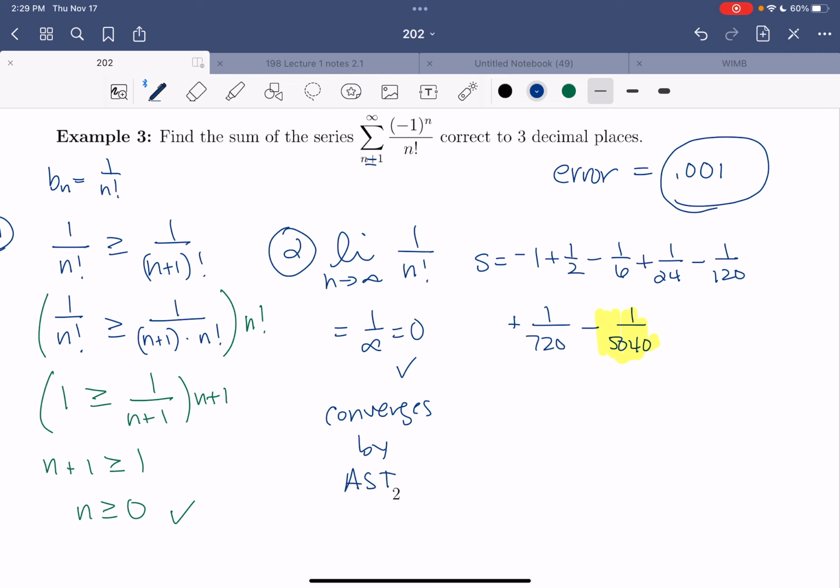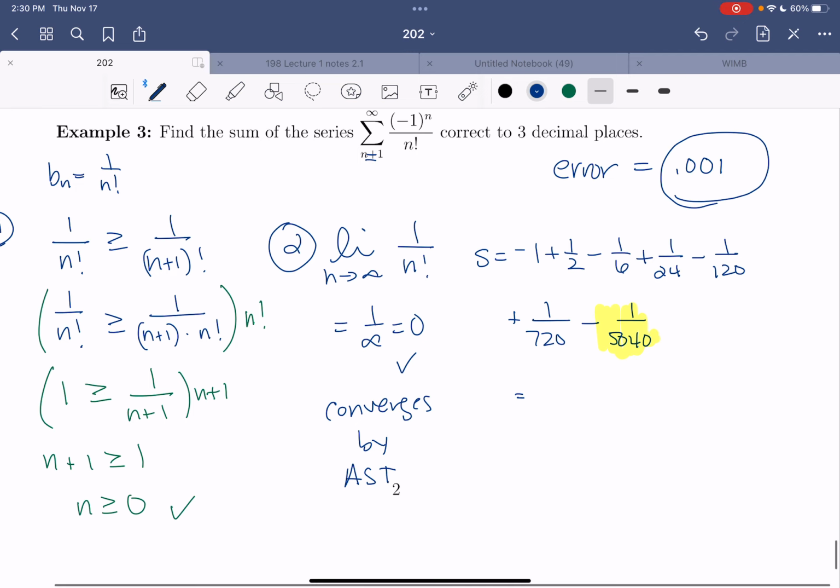So negative 1 plus 1/2 minus 1/6 plus 1 over 24 minus 1 over 120 minus 1 over 720 comes out to be negative 0.635.